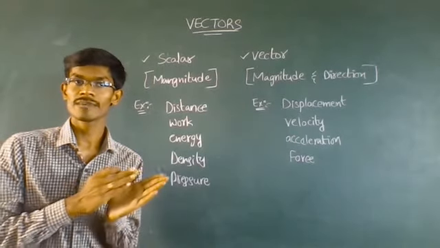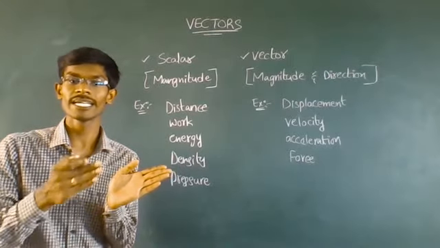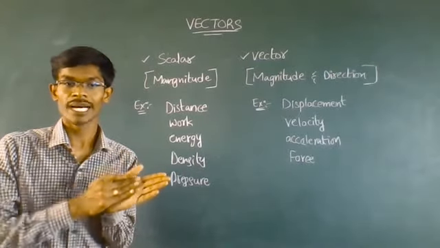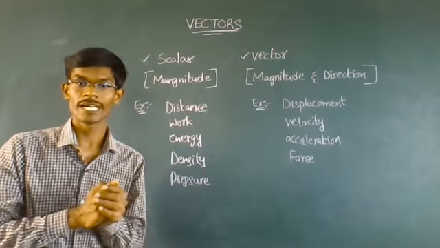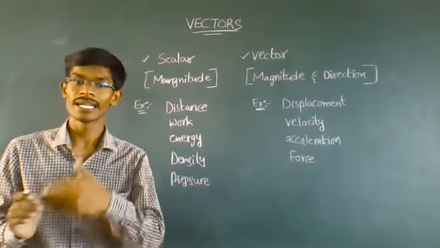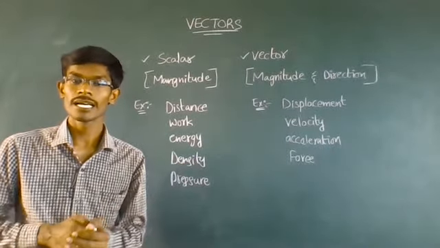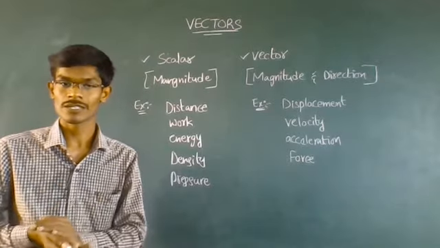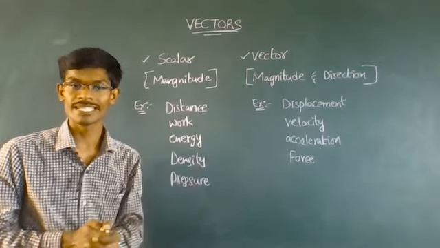If the person is coming from the railway station to our home, we will guide him by each and every landmark: come 100 meters in the forward direction, then take left, then take right, there you can find a pole. Like that we will represent particular directions. Those direction representations come under vector physical quantities.